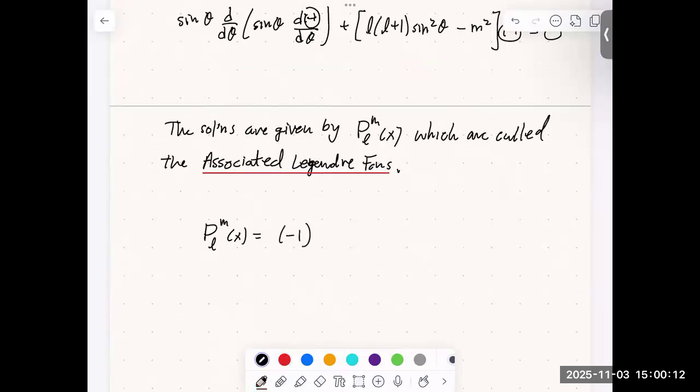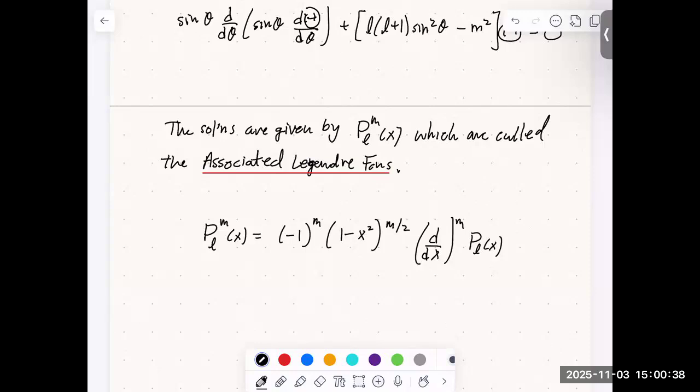So it's (-1) to the m, and then it's (1 minus x squared) to the m over 2, d by dx to the m. So the mth derivative of the regular Legendre polynomials. So you need the Legendre polynomials to generate the so-called associated Legendre functions.